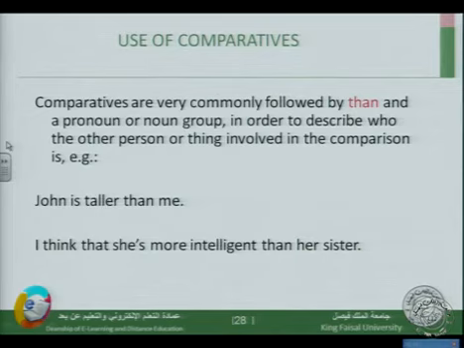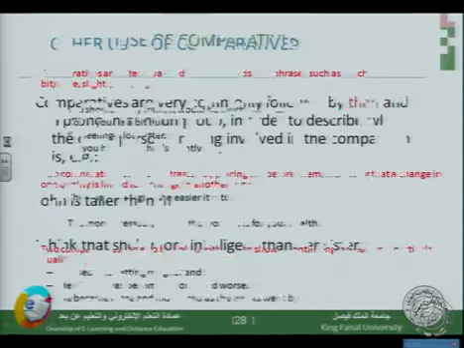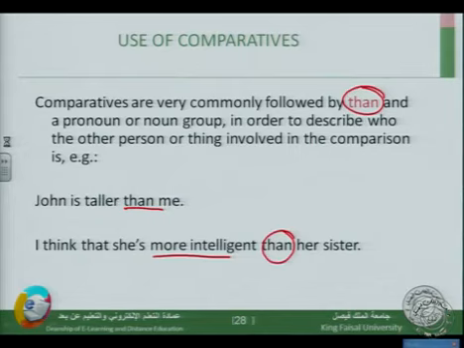As I told you, comparatives are commonly followed by than. John is taller than, more intelligent than, okay? And we use a comparative to describe who is the other person or thing involved in the comparison.